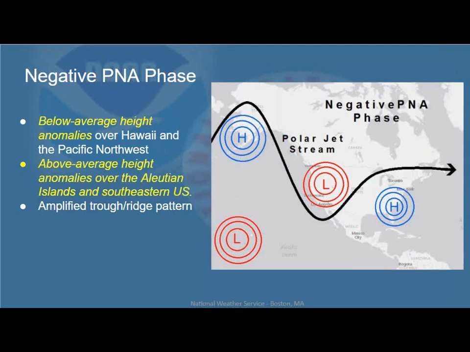On the flip side, in a negative PNA phase, you have below average high anomalies over Hawaii and the Pacific Northwest, and above average high anomalies over the southeastern US.